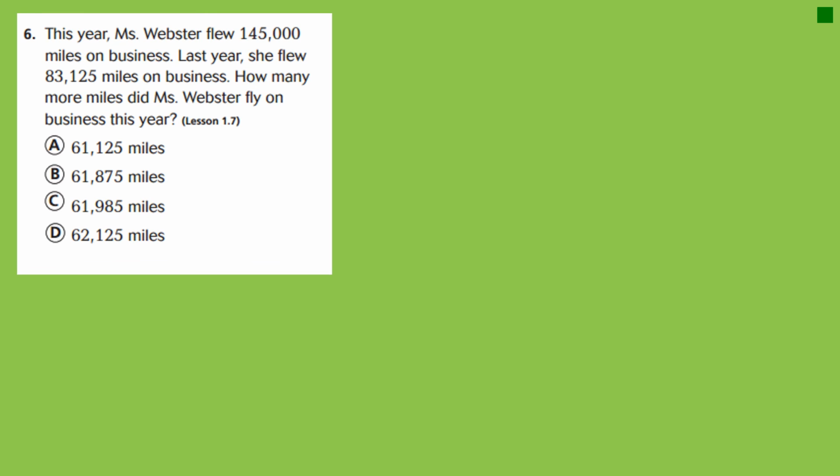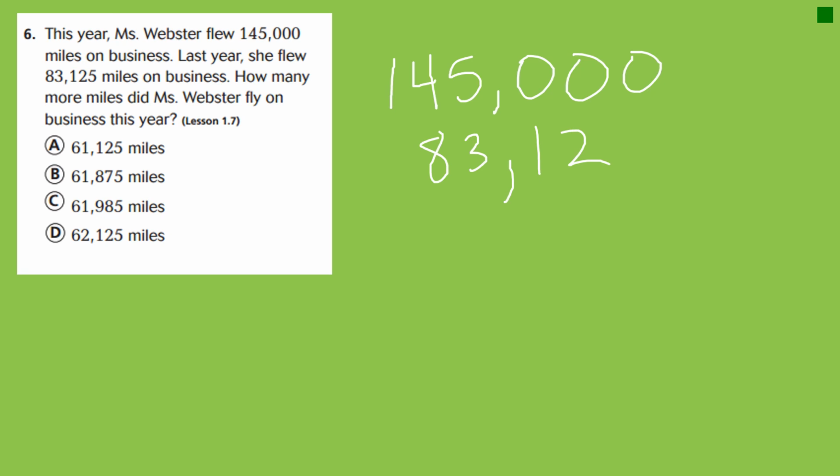Because it's always good to review subtracting when you have globs of zeros. Okay, how did I know it was subtracting? Because they want to know the difference in how many miles she flew this year and last year. Difference, how many more miles? Subtract.